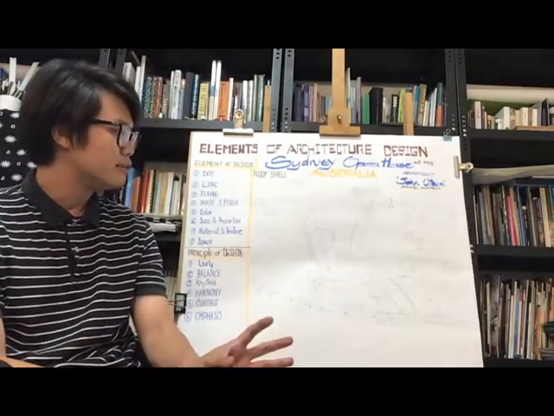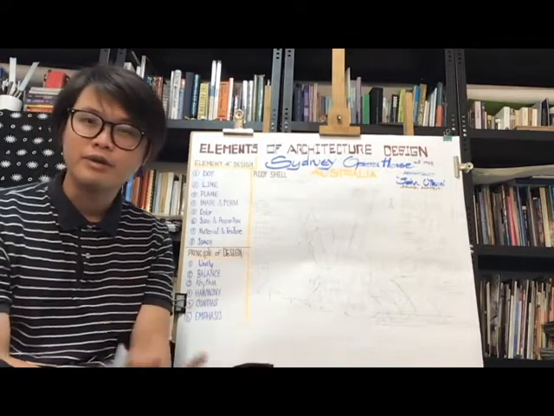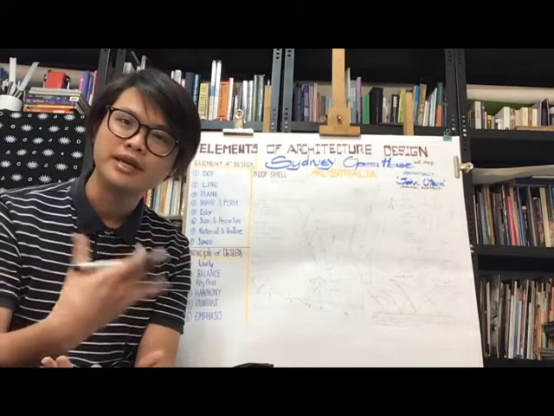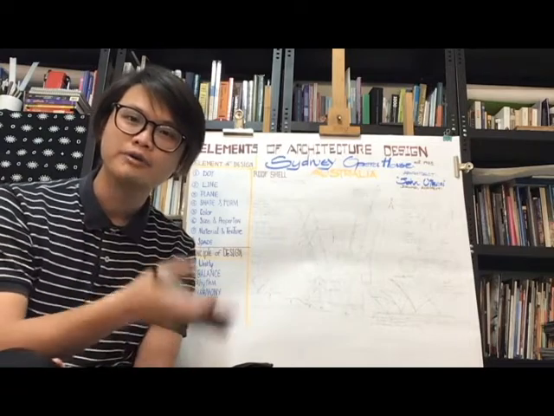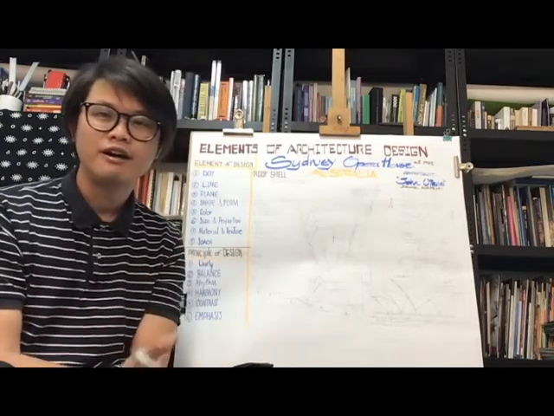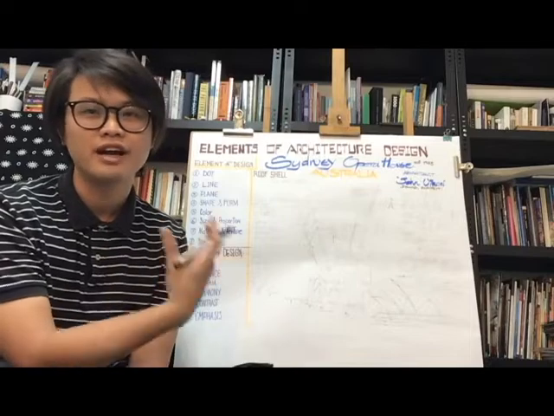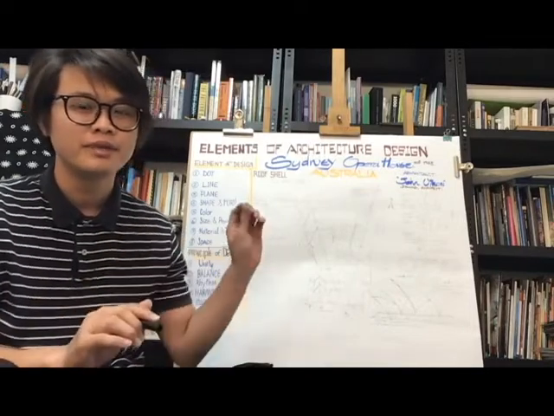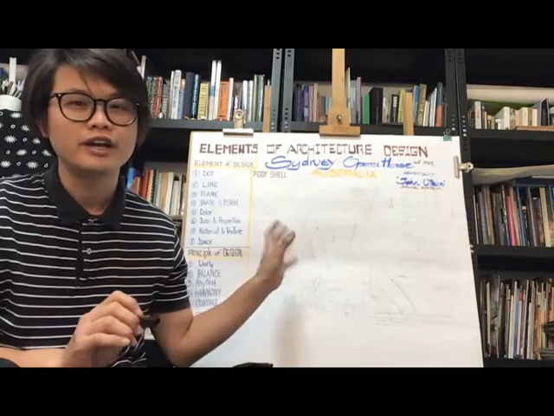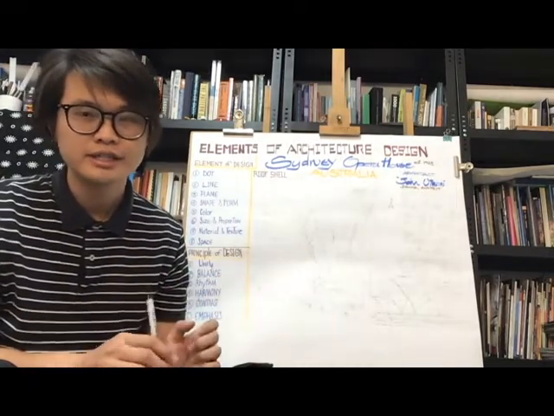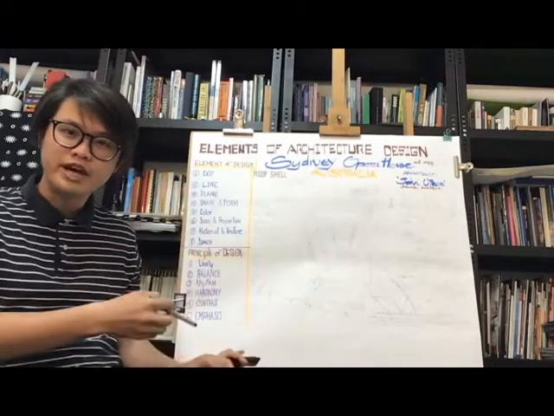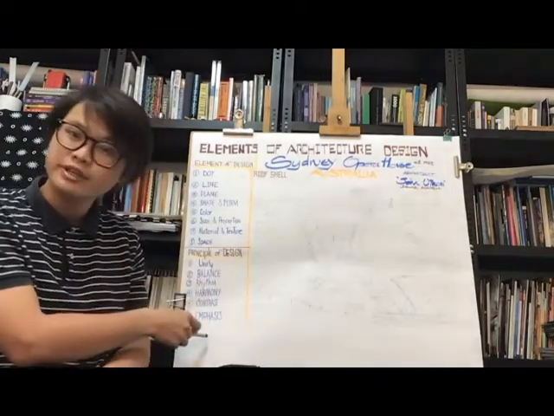This is one of the examples I want everyone to follow, an example of how to explain art elements or architecture elements as the basic elements in architecture. We have the basic elements here and the principles of design here.